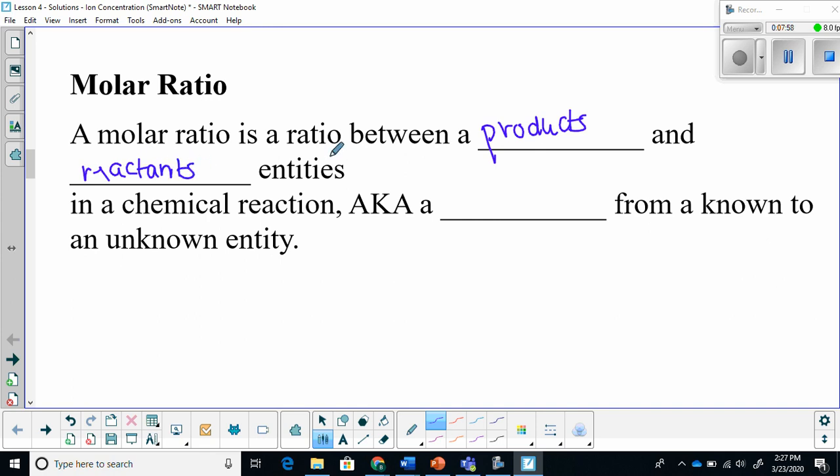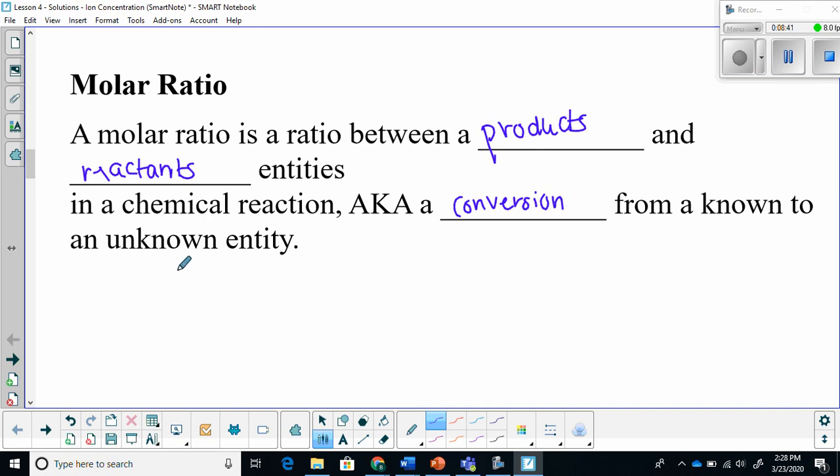Basically, in a chemical reaction, we are able to use any entity, whether that be a product or a reactant, to find the value of an unknown entity within that chemical reaction. In a chemical reaction, a molar ratio, also known as a conversion, goes from a known to an unknown entity.